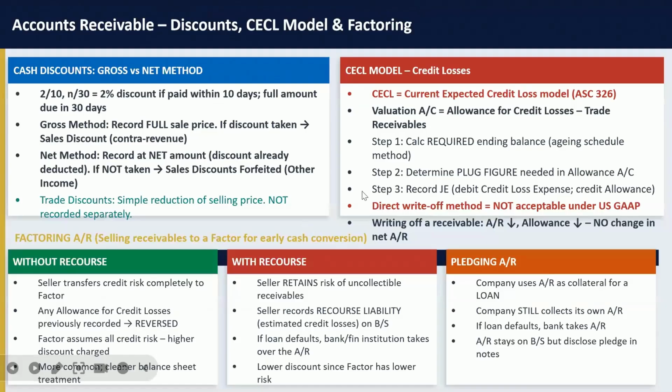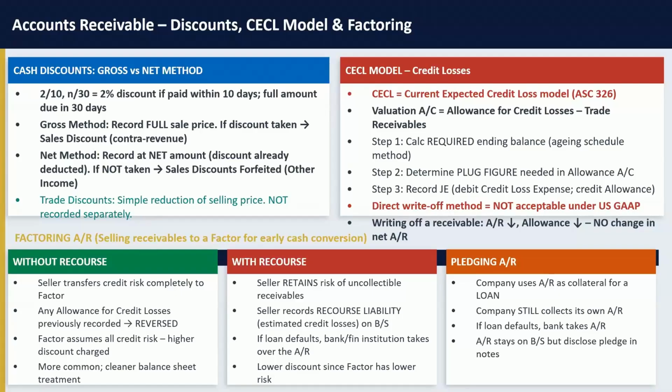Okay. Now let us come back to CECL model. So what is this CECL model? There are various models for calculating your ending balance. The most that we are using is aging schedule and the CECL model, current expected credit losses model. So for calculating ending balance, you use aging schedule.